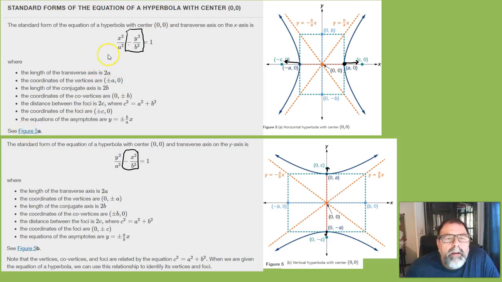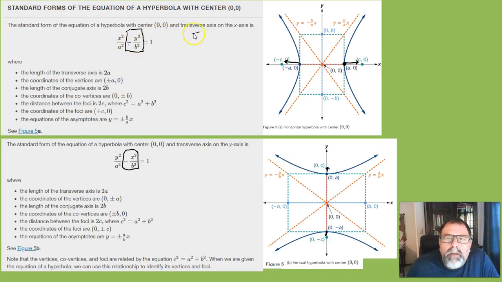And now notice, the transverse axis is where your vertices, your foci, and the center are. The center is on both axes, but the vertices and the foci are on the transverse axis.